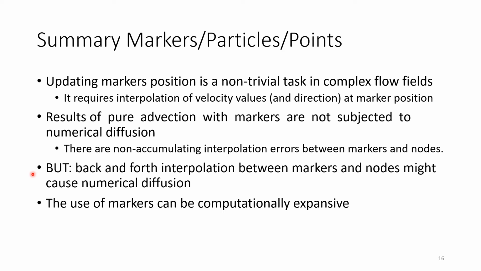For example, if you have contaminant transport, maybe not through the water but through the air, where we have high flow velocities, then those point cloud models are often applied. But also in groundwater modeling, this can be applied. It has its use, and that's why I think it's important for you to know.